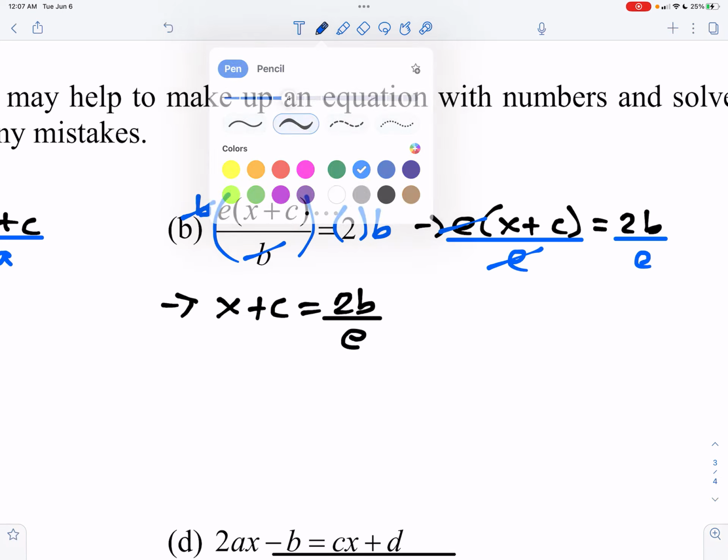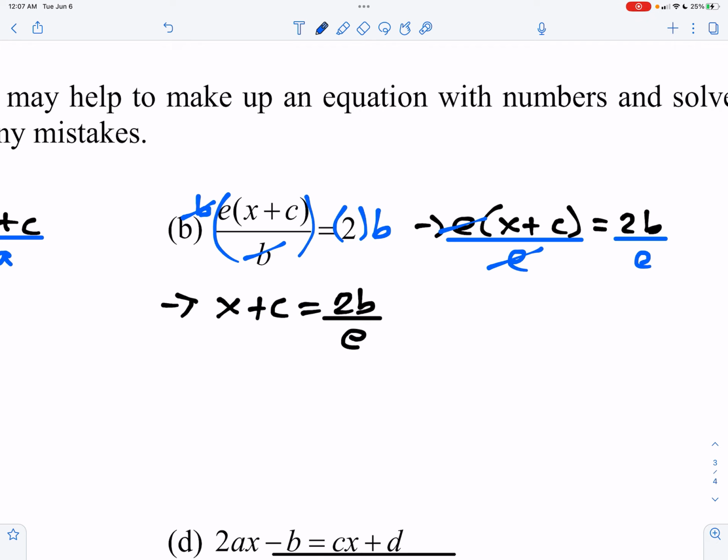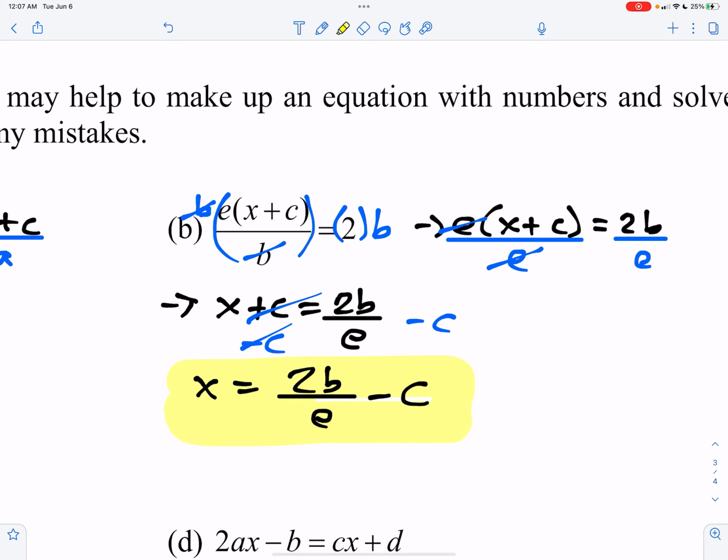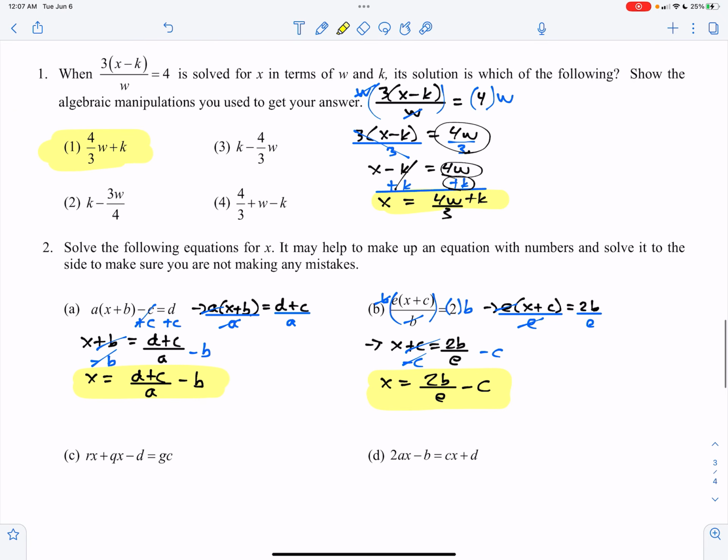Okay, one last step. The opposite of adding c would be subtract c from both sides. And I get x equals 2b over e minus c. You can see this is the exact same math we've been practicing. It's just with letters, no numbers.